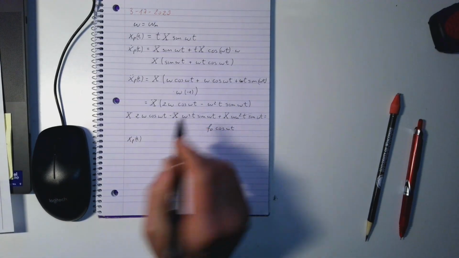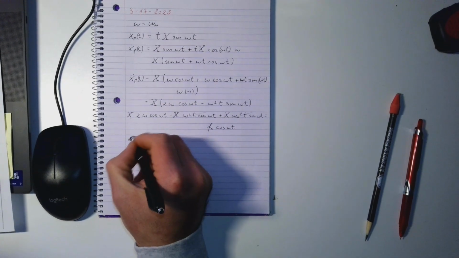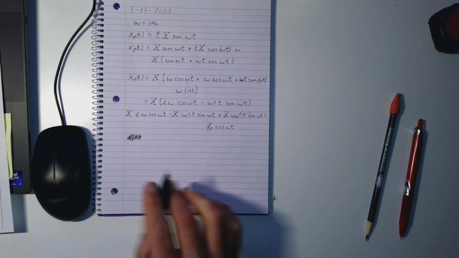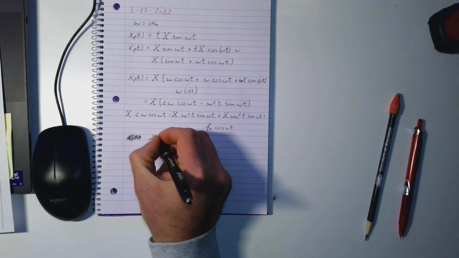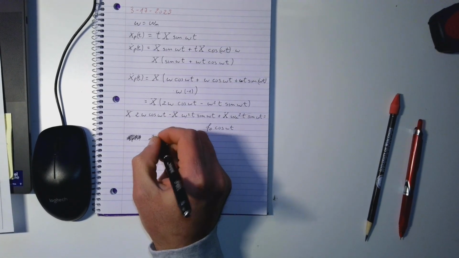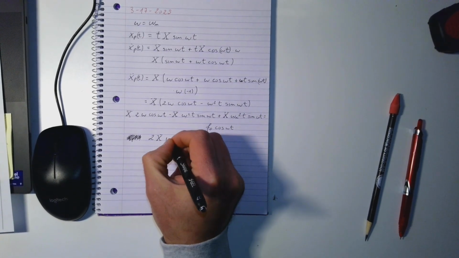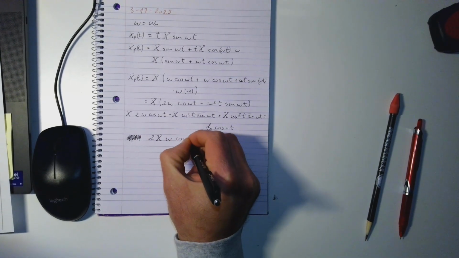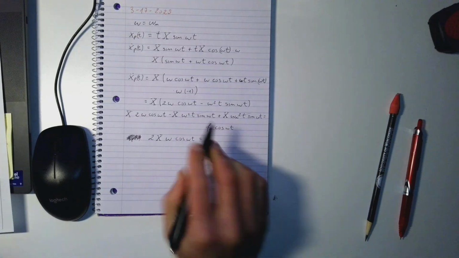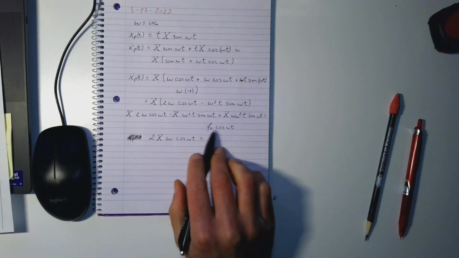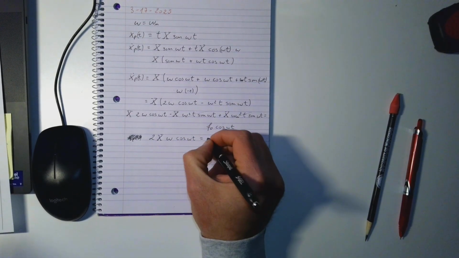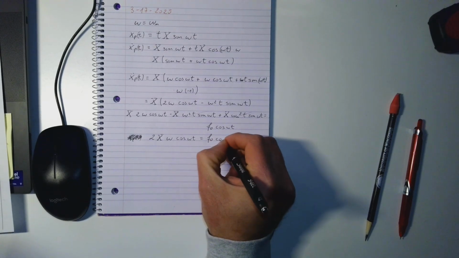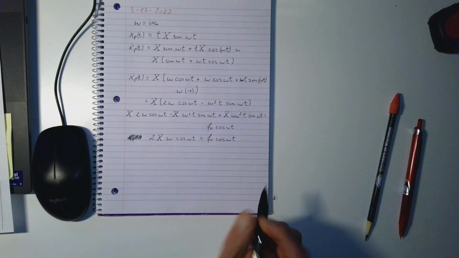So we can simplify another step. We have 2X omega and then cosine of omega t still there, equal, so we got rid of this one and this one, so we're still left with this term here, f0 cosine of omega t.